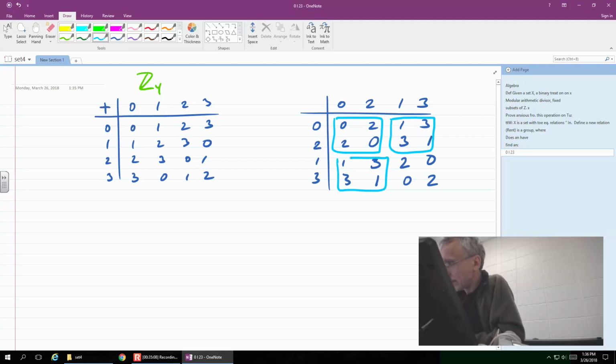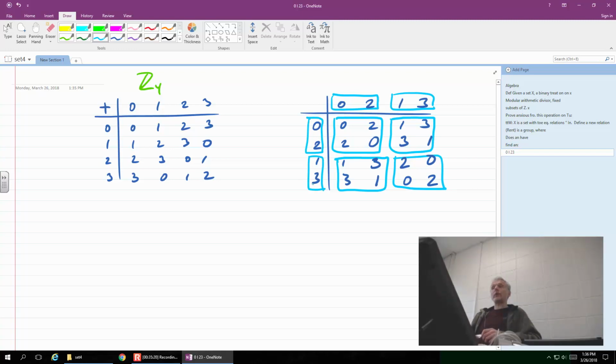First of all, you can see I put boxes on the numbers, combining 0 and 2 together and combining 1 and 3 together. Do you see what I'm talking about here? You have 0 and 2 as one part of Z2, and then 1 and 3 is a different one.